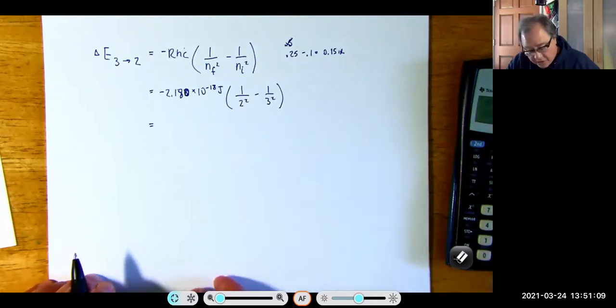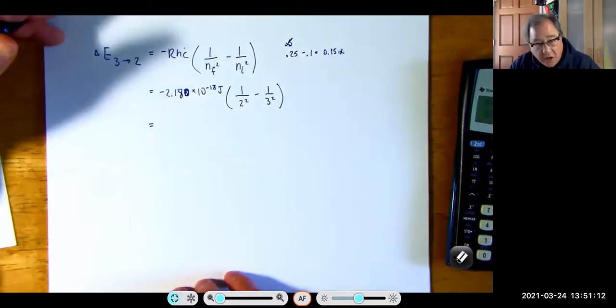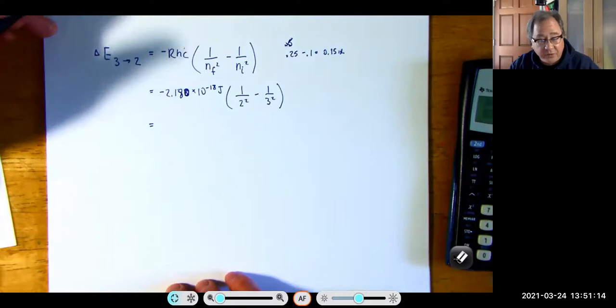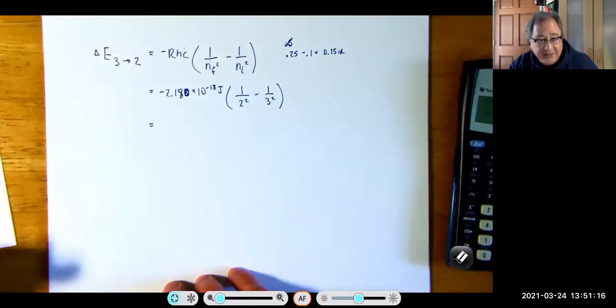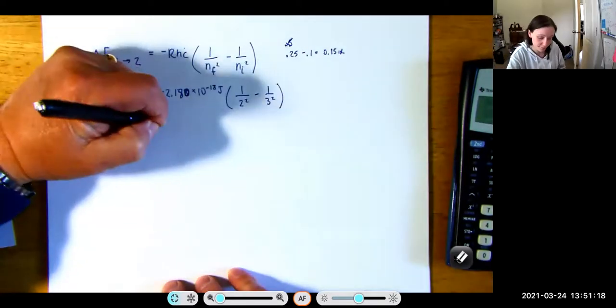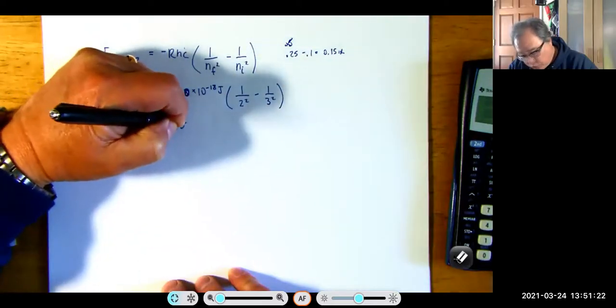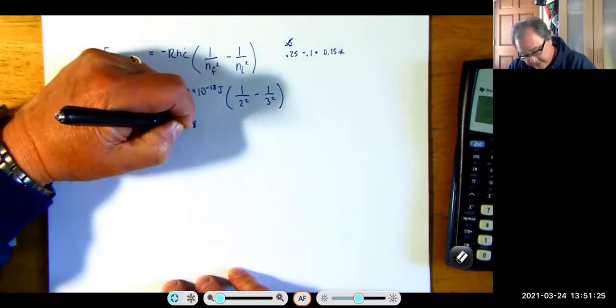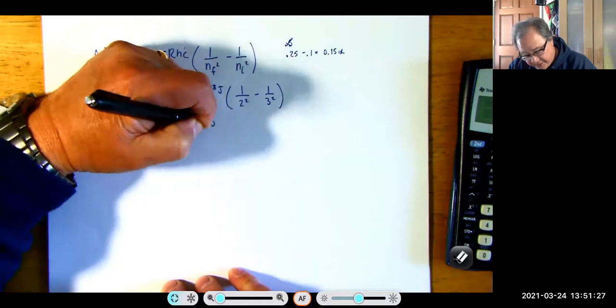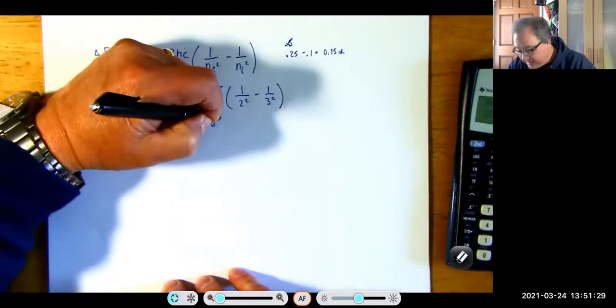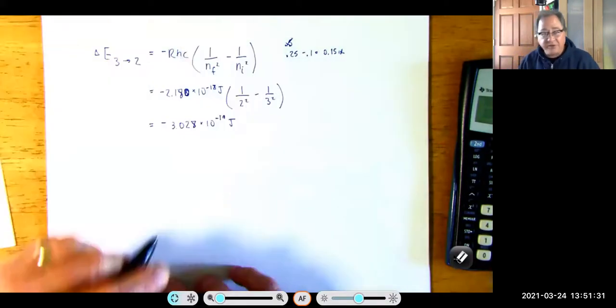And our numbers should come out smaller than the first value we calculated, which was 1.6 times 10 to the minus 18. Now this is a negative, and I get 3.028 times 10 to the negative 19 joules. Is that what you got?